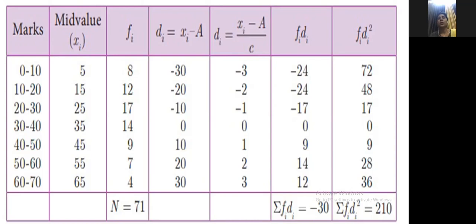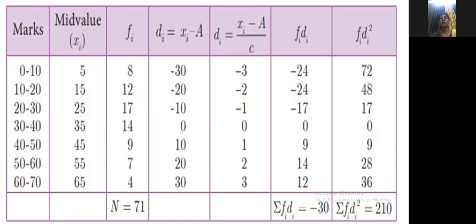Next is the frequency given, and the third column shows the deviations, that is xi minus the assumed mean. That is the difference of the data set values from the assumed mean. After that, we find di divided by c, that is, all the deviations are divided by the class interval.